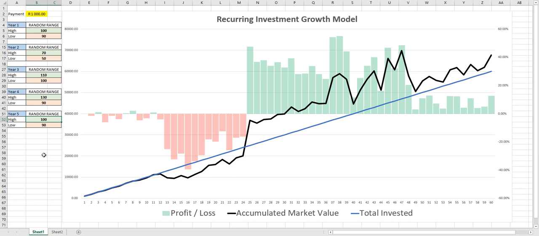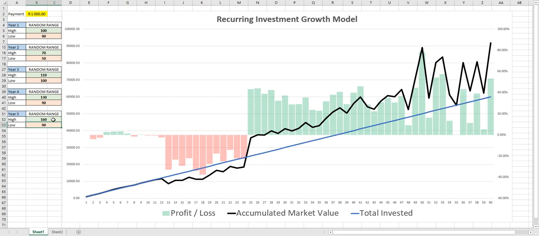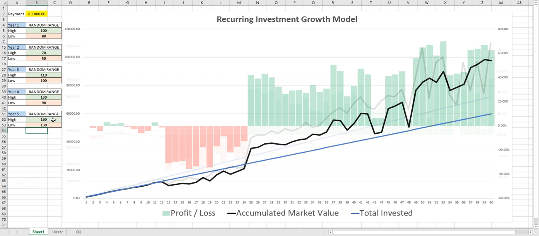So just to illustrate that, let's assume now that this high breaks the previous year's high of 130 and ends up at 160, and the low is pegged at the previous year's high.